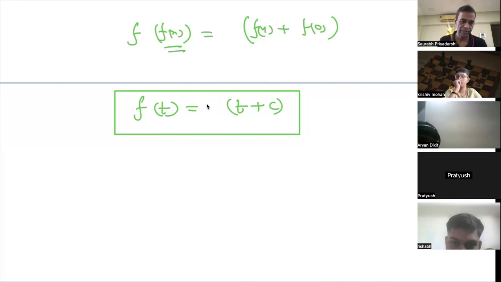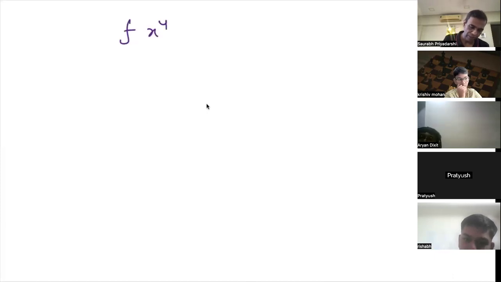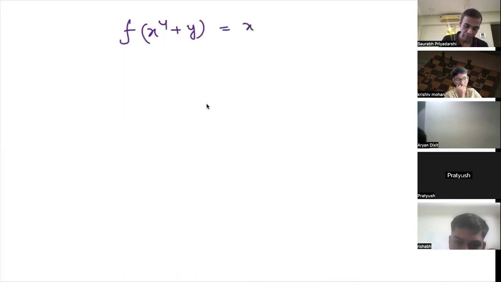Mathematically, right? See, the second one. I'll show you 3-4 questions, a different variety of questions. x to the power 4 plus y is equal to x cube into f(x) plus f of f(y).